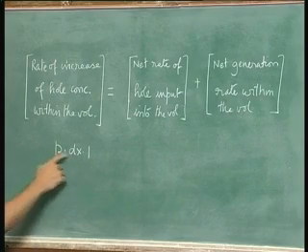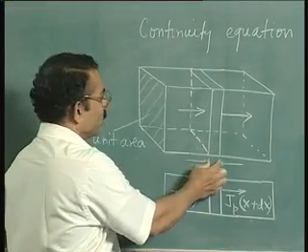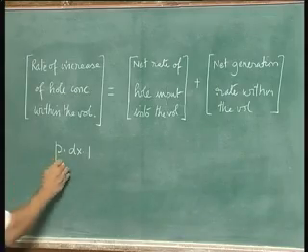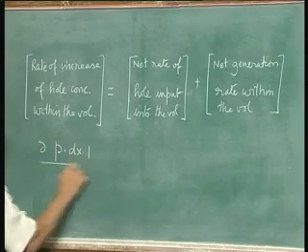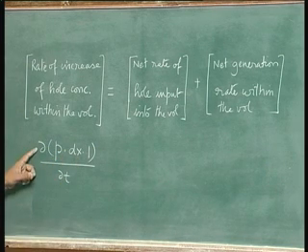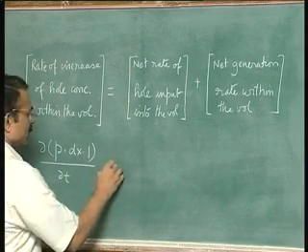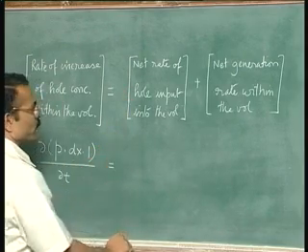P is the concentration of holes, dx is the width of this volume, and 1 is the unit area of cross section. So differential of this with respect to time. We are using a partial derivative since p can vary with x as well as t.